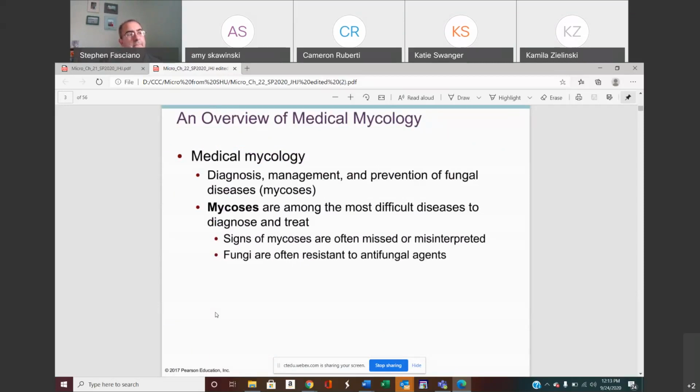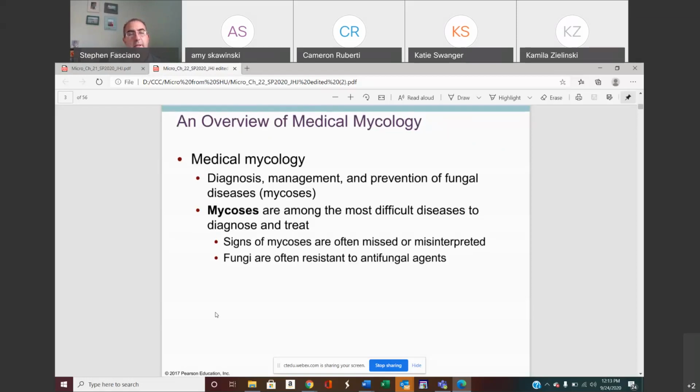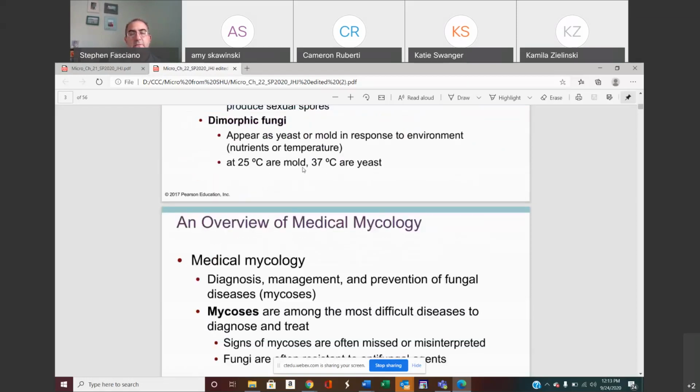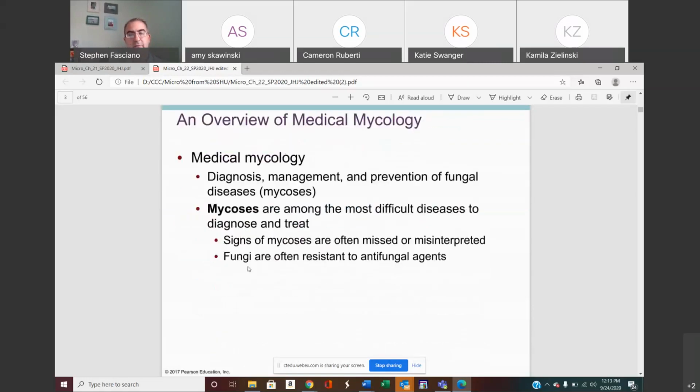Oftentimes, there are a lot of different symptoms that people can have, so people don't always get the same symptoms, which is why they're misdiagnosed. And they're often resistant even to antifungal agents. A lot of these fungi can be resistant because they can change from molds to yeasts, that kind of thing.